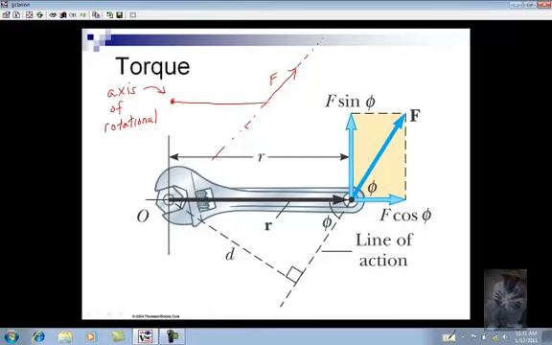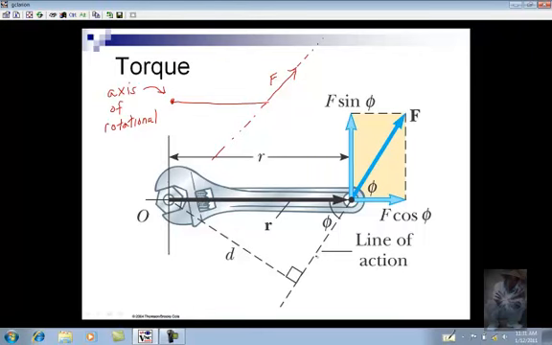I'm just redrawing what you see in the picture there. What's really important is this thing called the moment arm or the lever arm. In Physics B, we called it the lever arm.